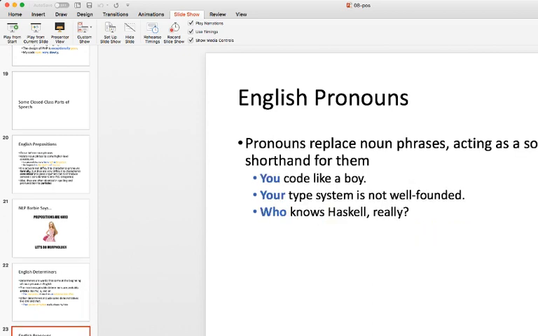So English pronouns are sort of words that stand in for noun phrases. They act as a sort of shorthand for noun phrases. So you or your or who, these are all pronouns. So this raises the question, actually, are pronouns open or closed class?